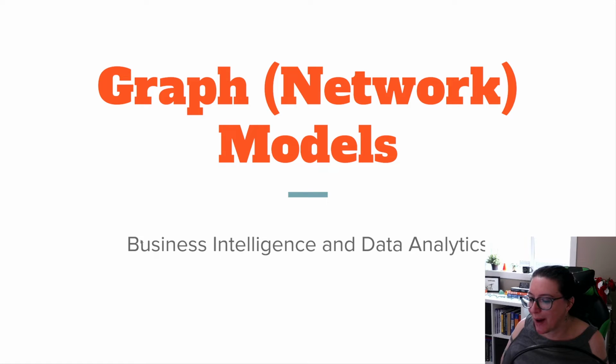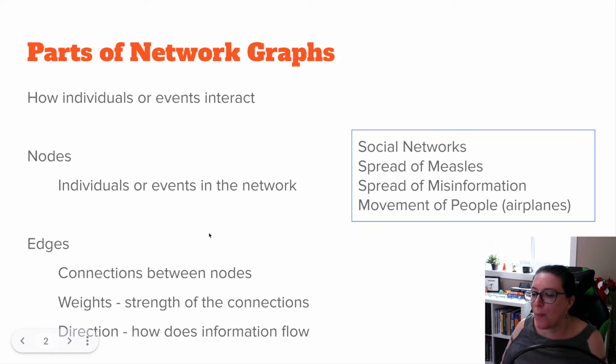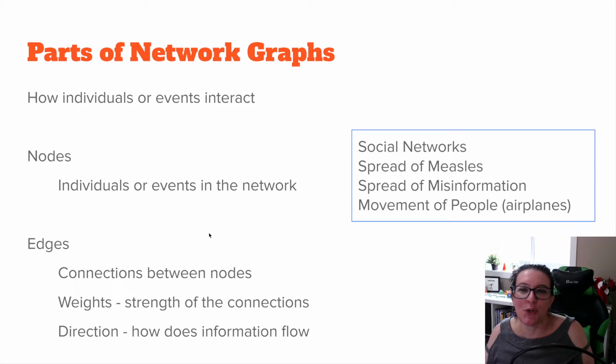What we're talking about is how individuals or events interact, and using a model of interactions between people or events to represent how information is shared, how diseases spread, how people move. So for example, when we talk about network graphs, we're talking about social networks.